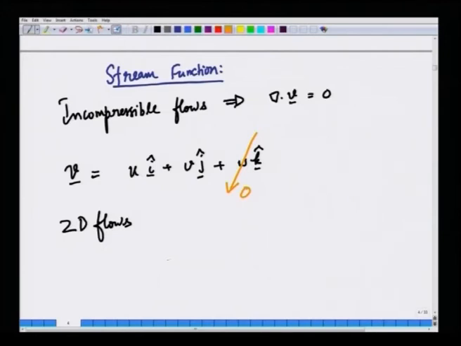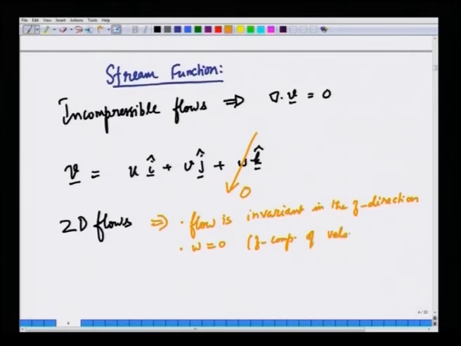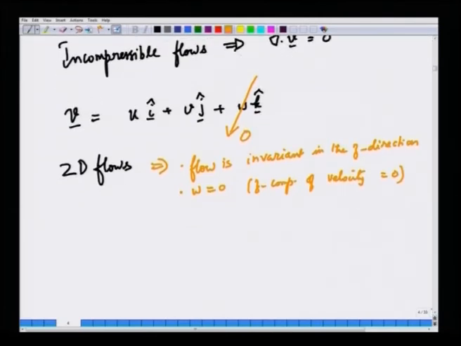So, 2D flows mean the flow is invariant in the z direction, and this is the first point, and the z component of velocity is 0. If you do this, you have only these two velocity components, u and v.